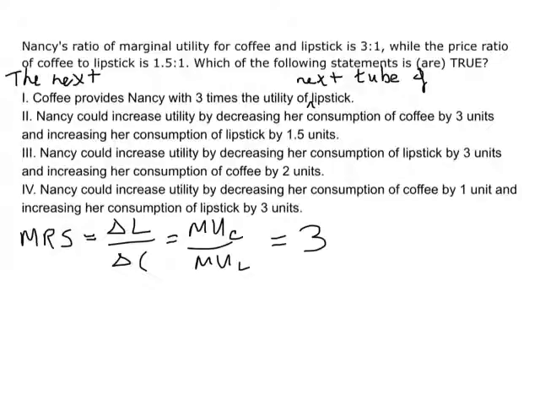We also know that at optimality, that's going to equal the price ratio px over py, and we see that's not the case, right? The price ratio is, I'm sorry, that's supposed to be, let me fix that.